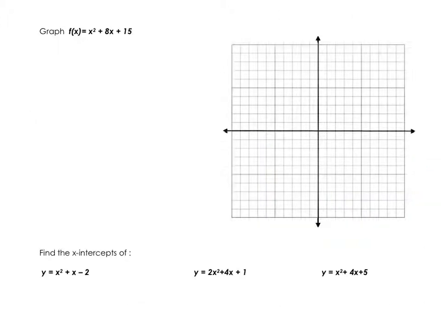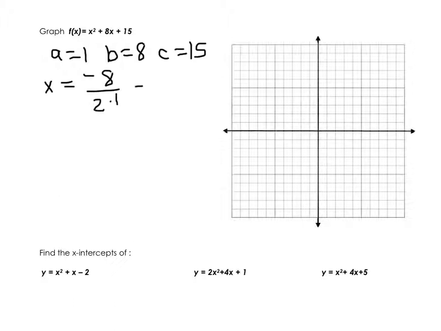Let's graph another parabola. We have f of x equals x squared plus 8x plus 15. So let's find the vertex. We have a equals 1, b equals 8, c equals 15. So our vertex is at x equals negative b over 2a, so it's negative 8 over 2 times 1, negative 4.